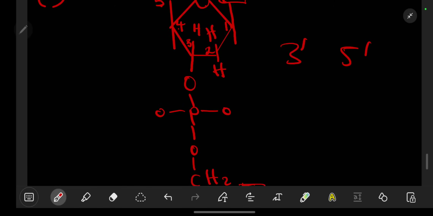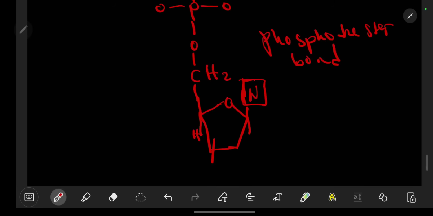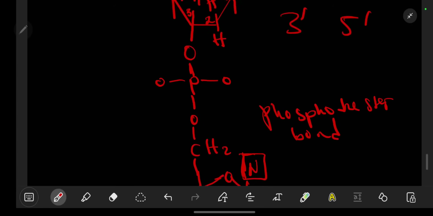Then the bond that is formed is held together by what we call a phosphodiester bond. This phosphodiester bond is a bond formed by a phosphate group like that. This phosphate group helps in holding the two bonds together.